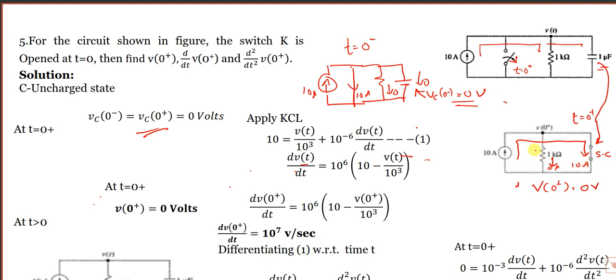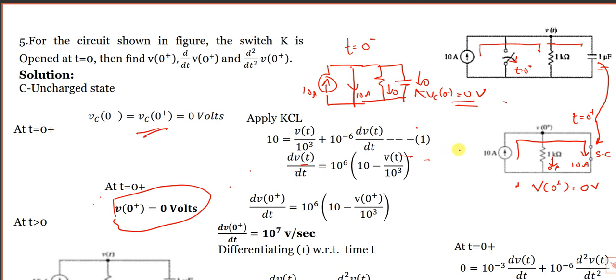No current is coming through the resistance. So 1 kilo ohm into 0 is 0 volts, or 10 amps into 0 resistance, short circuit, is 0. So at t is equal to 0 plus, we get V of 0 plus is also 0.